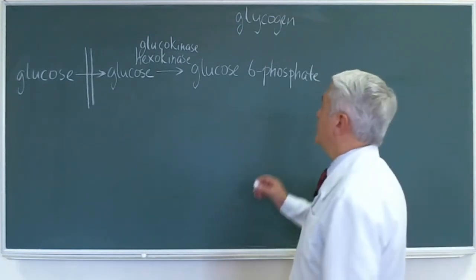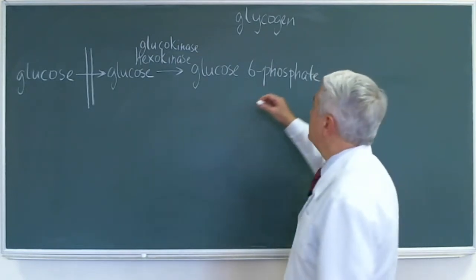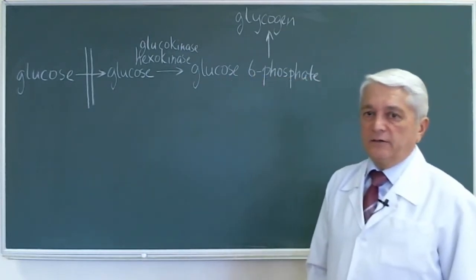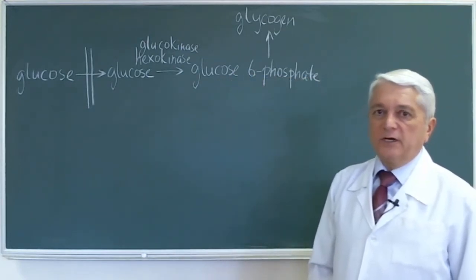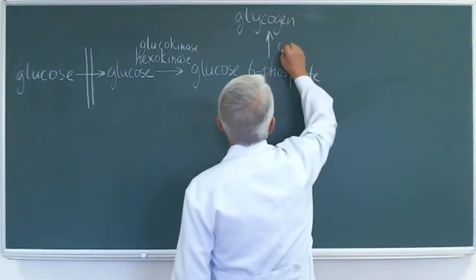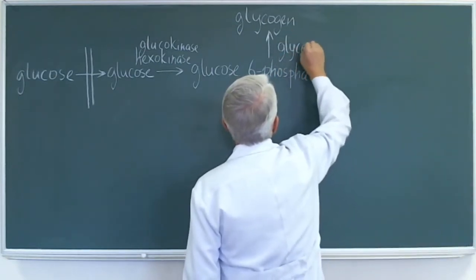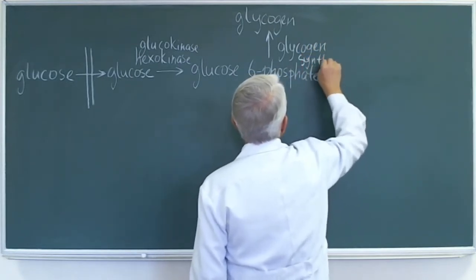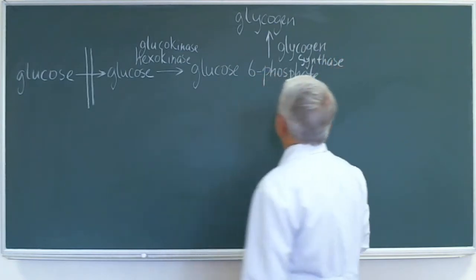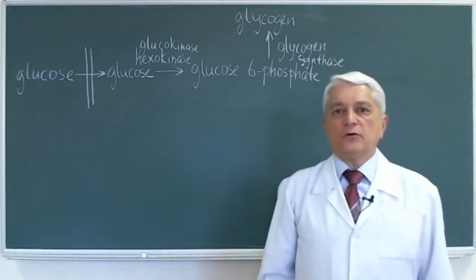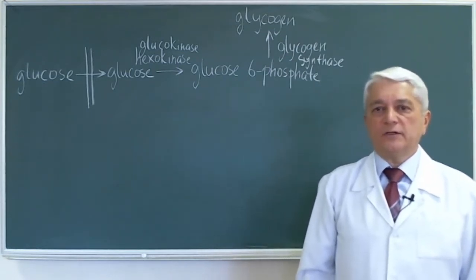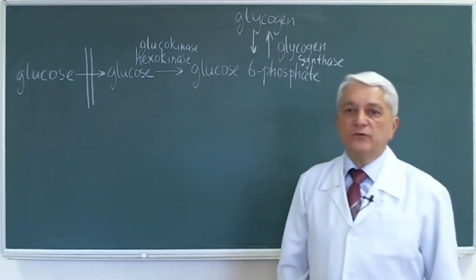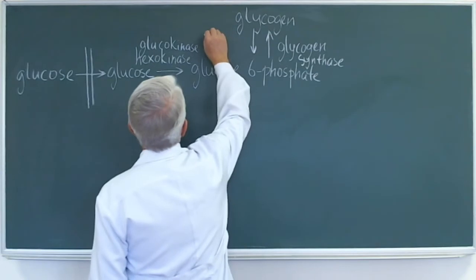So glucose 6-phosphate, after glucose 1-phosphate, can be transformed to glycogen, and for this we have a special enzyme, glycogen synthase. For degradation of glycogen, we have another enzyme, and you also know its name. It is phosphorylase.